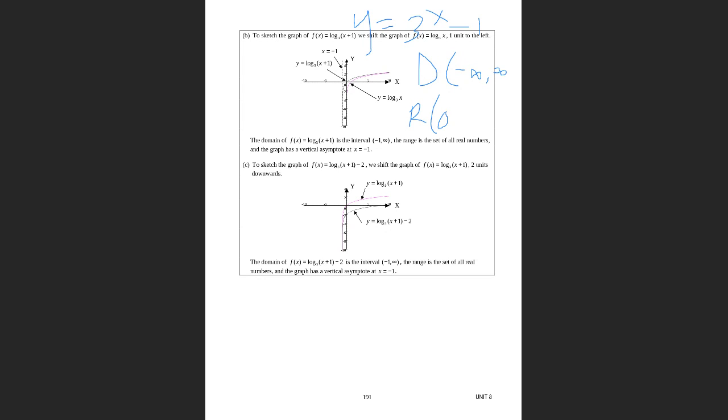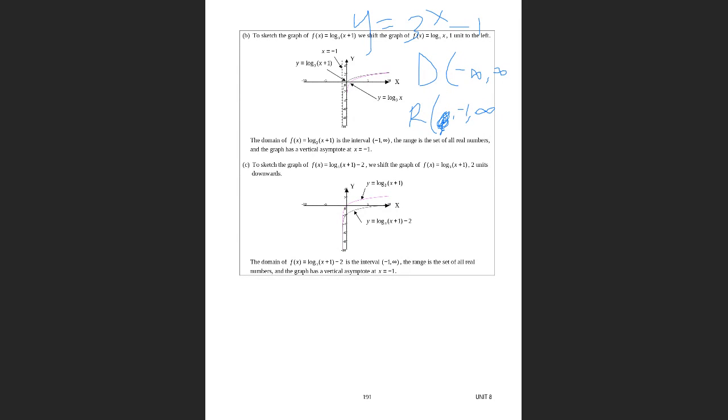The asymptote now is negative 1, so it's going to go from negative 1 to positive infinity.